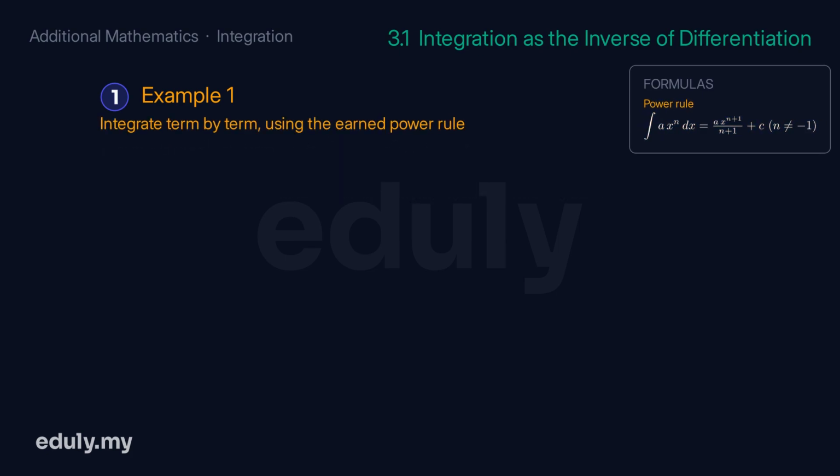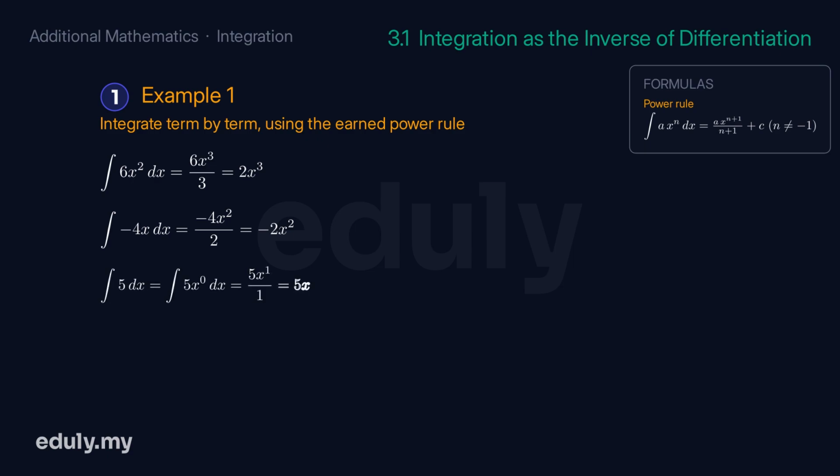Integrate each term separately, using the power rule we just earned. 6x squared. Raise the power to 3, divide by the new power 3, giving 2x cubed. Minus 4x. Raise the power to 2, divide by the new power 2, giving minus 2x squared.